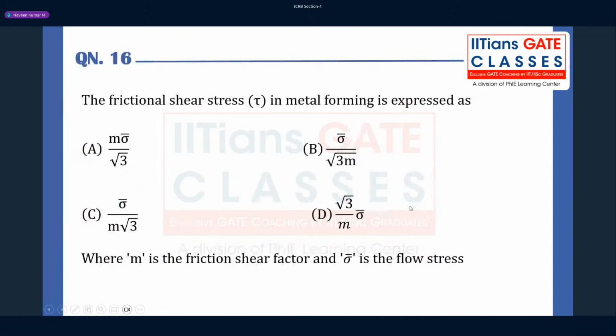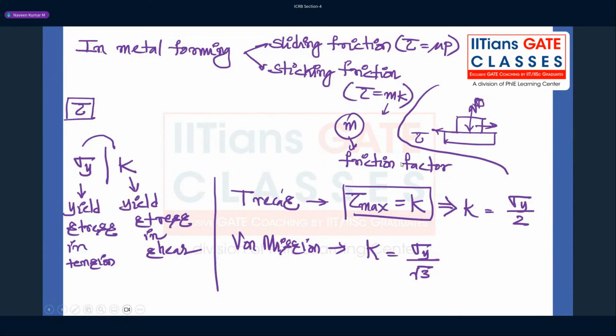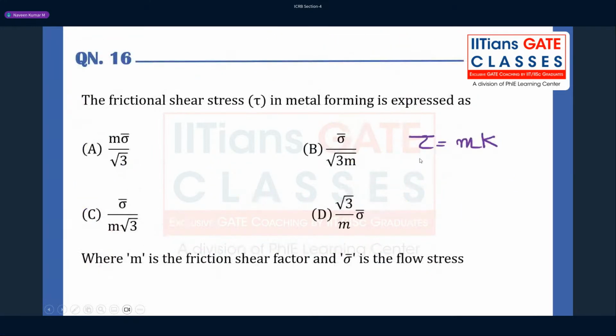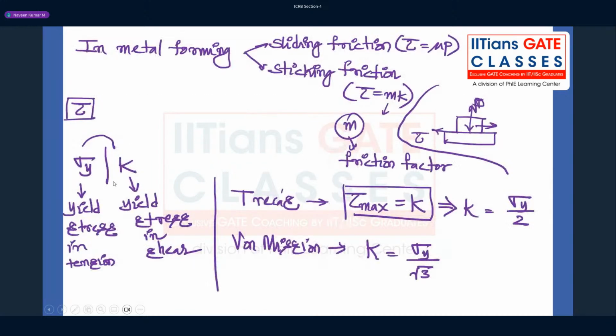Frictional shear stress tau is equal to m into k. What is m? Frictional shear factor. And this sigma bar is the mean flow stress. Mean flow stress can be assumed to be sigma y, so this sigma star is sigma y generally, not every time, in some conditions.